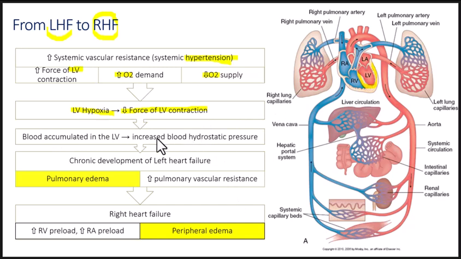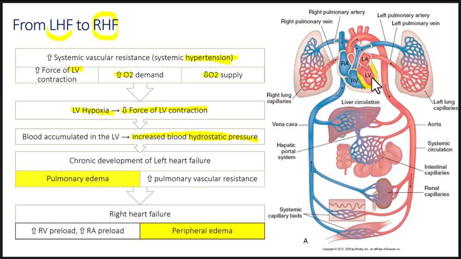And this increase in volume within here is more appropriately described as an increase in blood hydrostatic pressure. Hydrostatic pressure, speaking very basically, is just a pressure that's exerted from a fluid. In this case, the fluid is blood, and the pressure is being exerted against the walls of the blood vessels, or in this case, the ventricle.